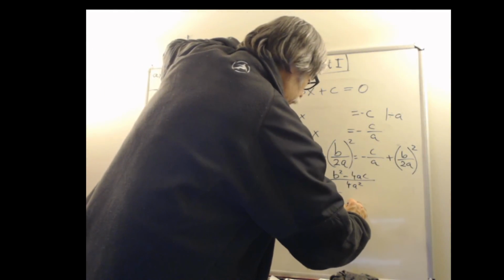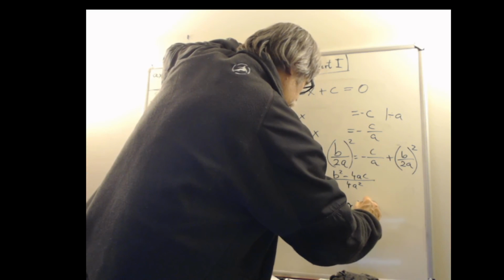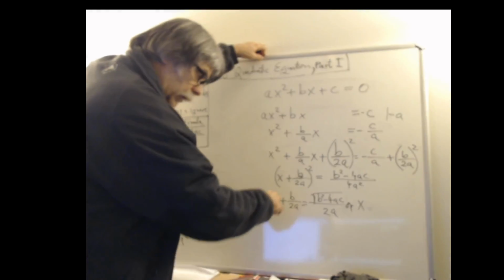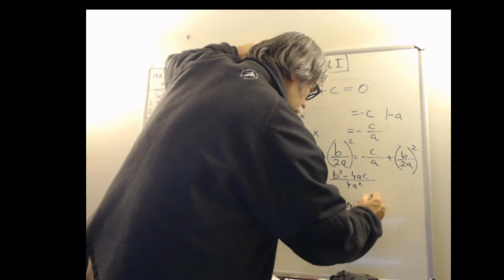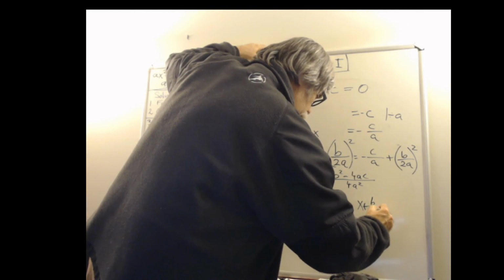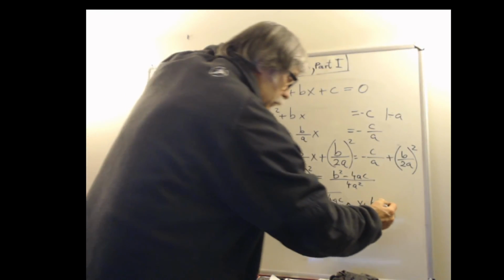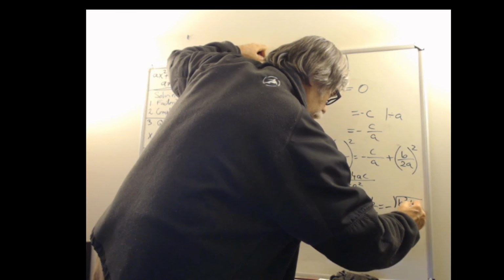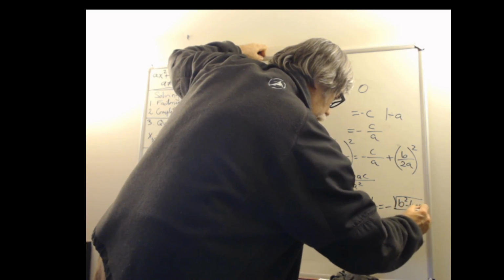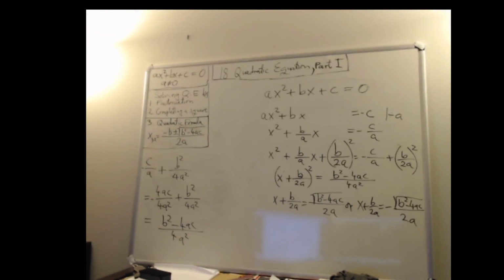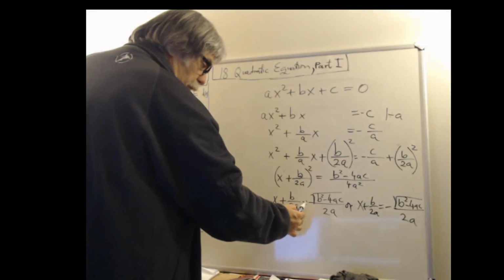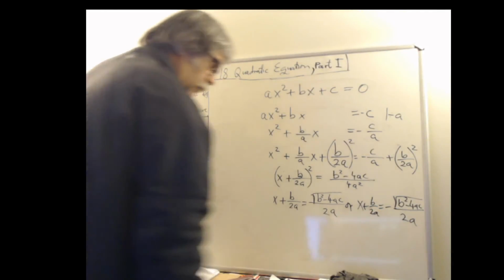So, or x plus b over 2a is equal to negative. Again, the same stuff, b squared minus 4ac divided by 2a. And the only difference between this and this is that I have here plus and I have here minus.